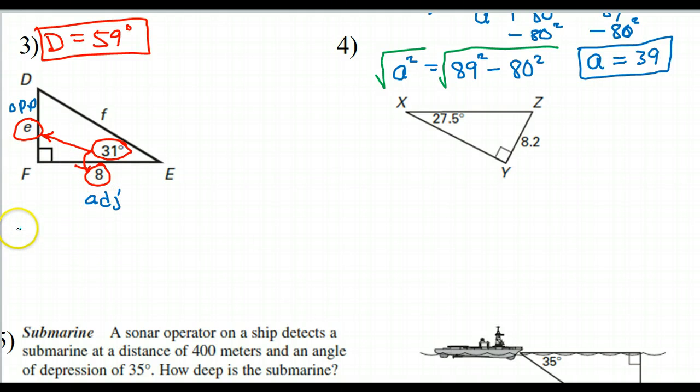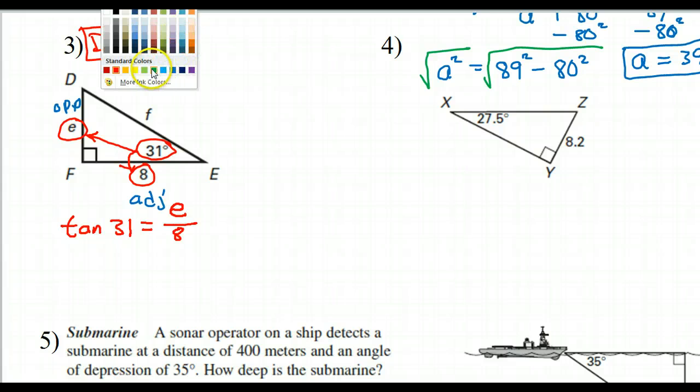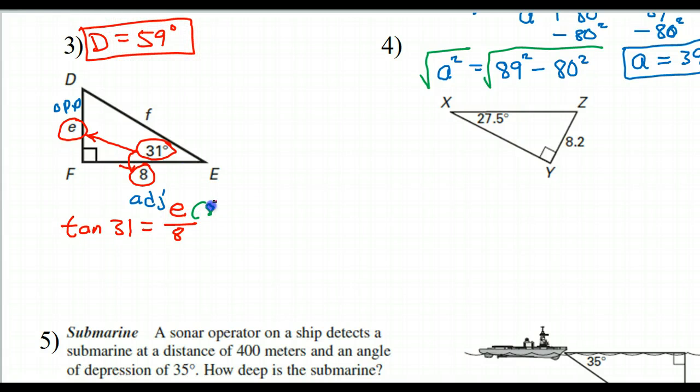So let's set that up. We're going to be doing tangent. I know the angle, so that's tangent of 31 is equal to E over 8. So if I want to get E by itself, I'm just going to multiply both sides by 8, times 8, times 8. That way these 8s are going to cancel out.